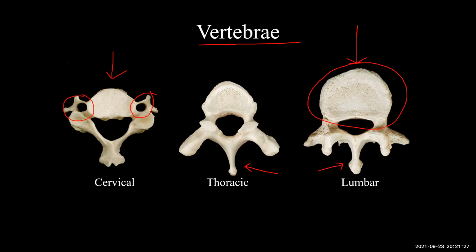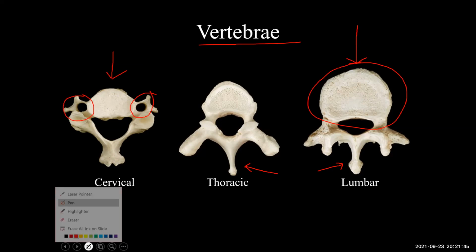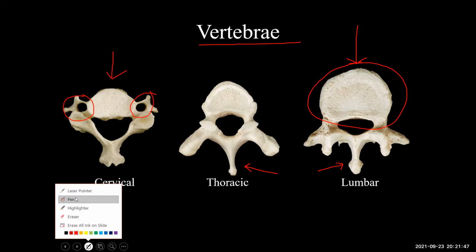Those are called transverse foramina. We'll talk about that in a moment. That's where your vertebral artery travels through. But you'll see over on the thoracic and lumbar, you don't have those. So it's these differences that you should study as you're reviewing these bones.